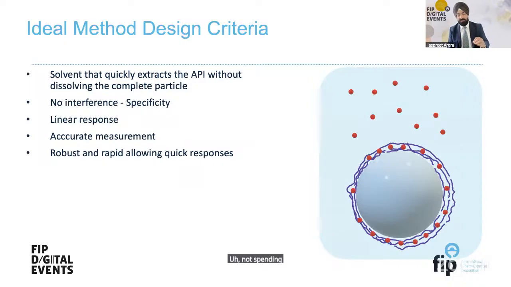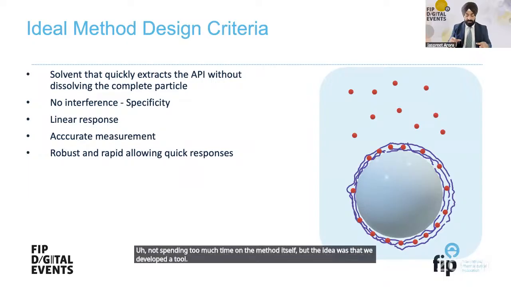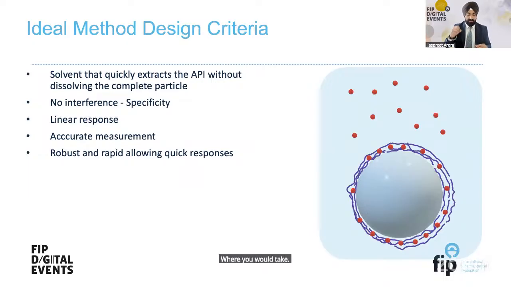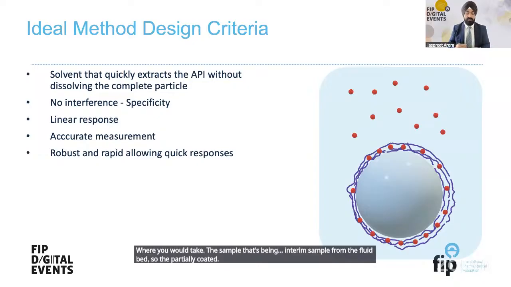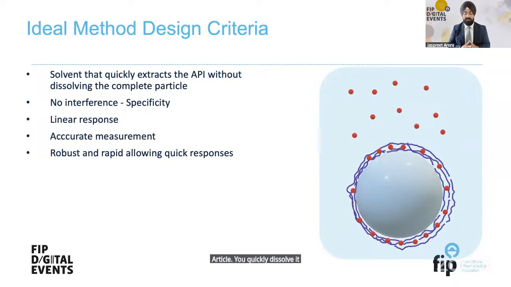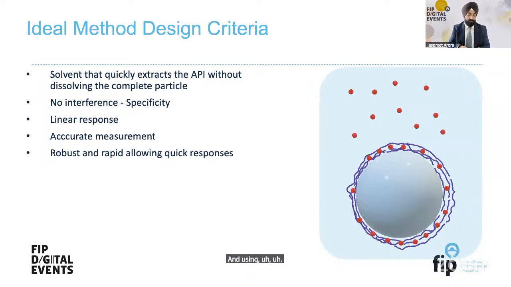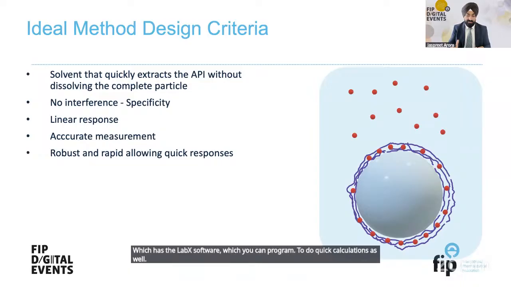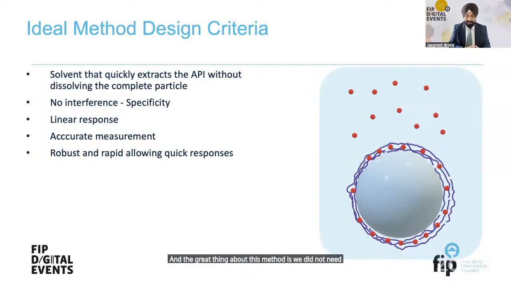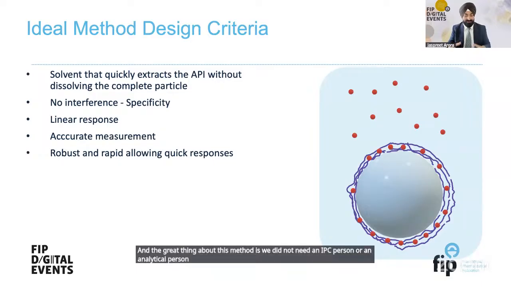Not spending too much time on the method itself, but the idea was that we developed a tool where you would take the interim sample from the fluid bed, so the partially coated particle, you quickly dissolve it, you separate the API, you run a quick UV assay, and using the software, we use the Mettler-Toledo UV7 device, which has the LabX software, which you can program to do quick calculations as well. And the great thing about this method is we did not need an IPC person or an analytical person in the manufacturing suite.